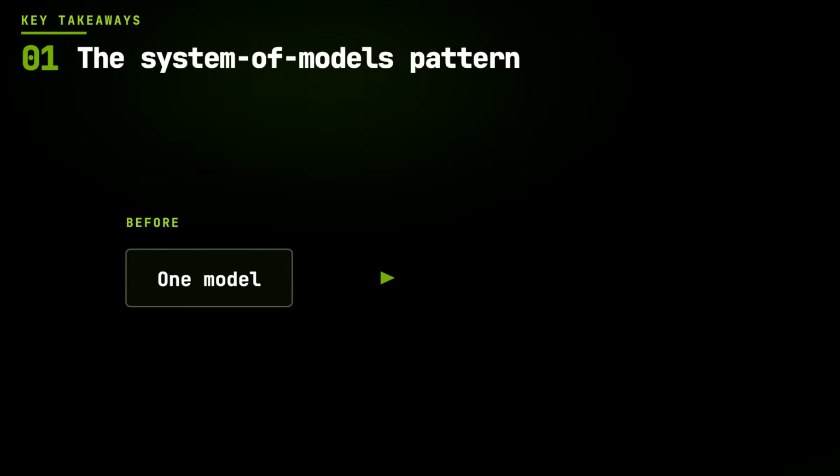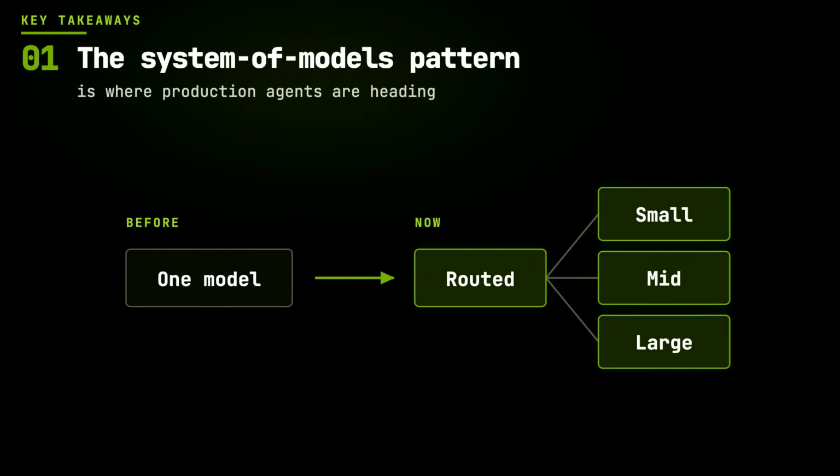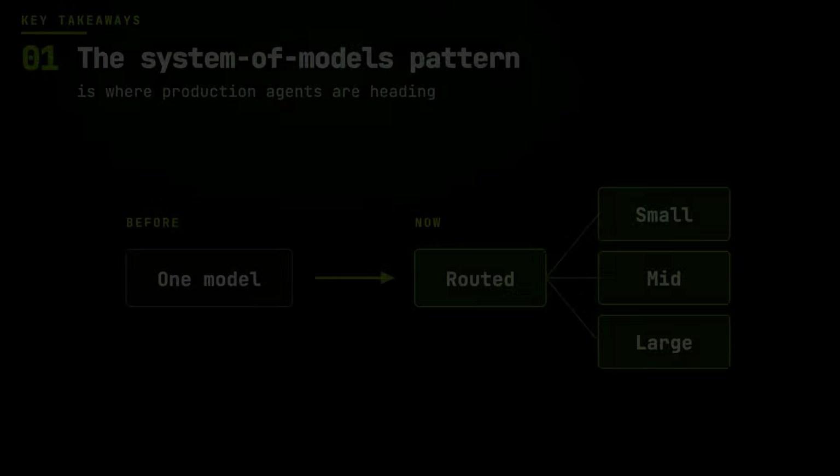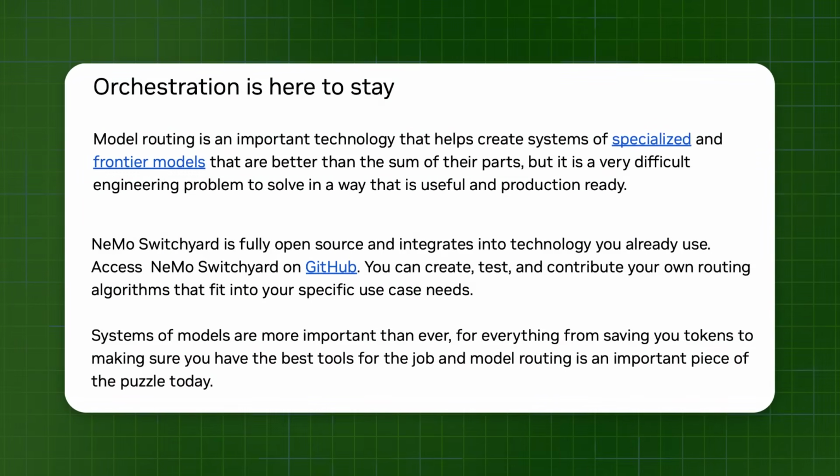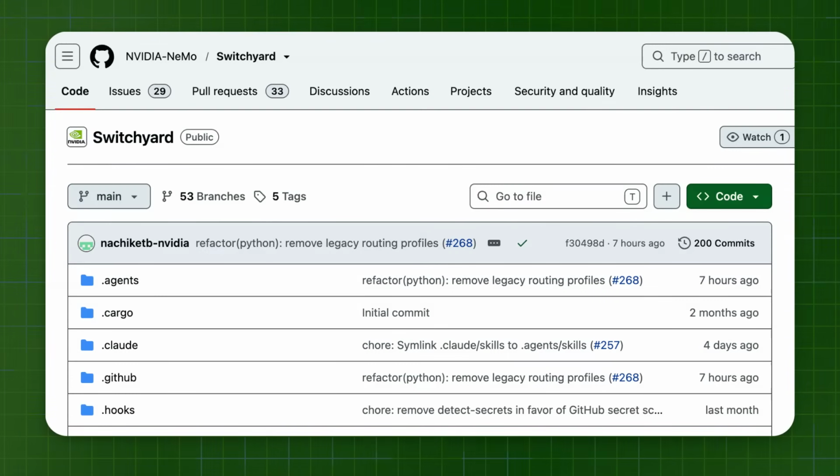All right, so some of the key takeaways here. I think this is really showing that the system of models pattern is where production agents are heading, right? This is core infra for actually doing this. And NVIDIA is framing it as, orchestration is here to stay. So the repo itself has some introductory routing examples at launch. You can create, test, and contribute your own algorithms in there.